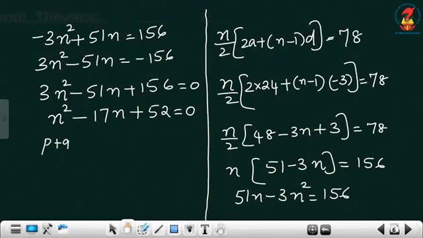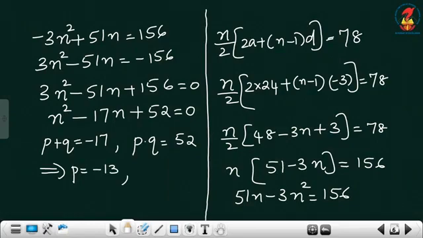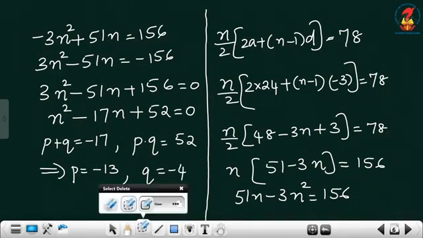So we need two numbers p and q such that p plus q is equal to minus 17 and p into q is equal to 52. This implies that p is equal to minus 13 and q is equal to minus 4.